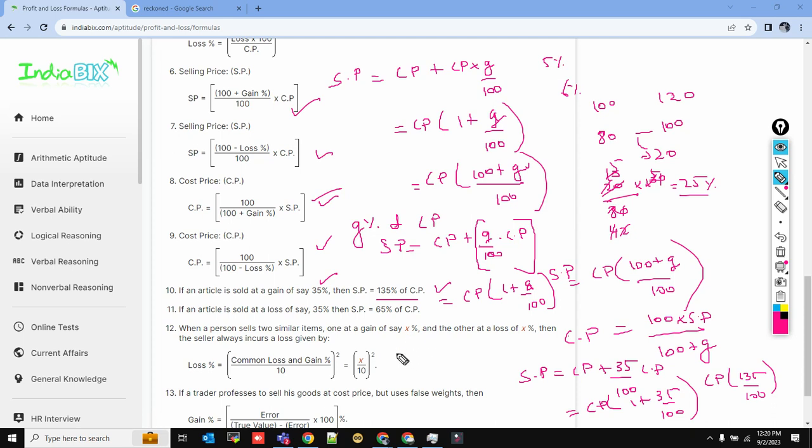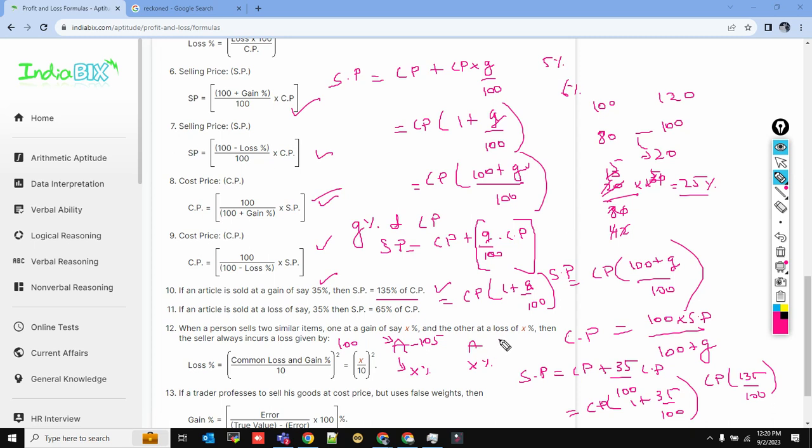Okay. So here, when a person sells two similar items, let's take it is A, similar items A and A. One time he sells, he makes a gain of X percentage. Next time he sells, he makes a loss of X percentage. Suppose he bought 100 rupees worth item A. One time he sold it for 105, a gain of 5%.